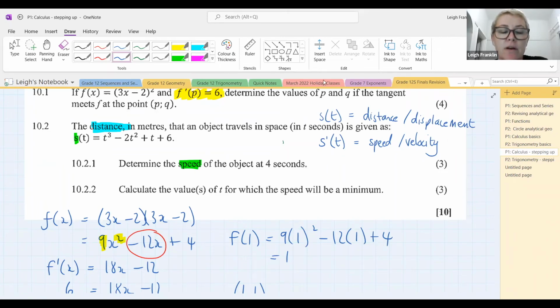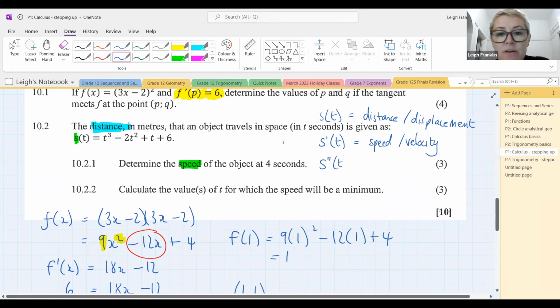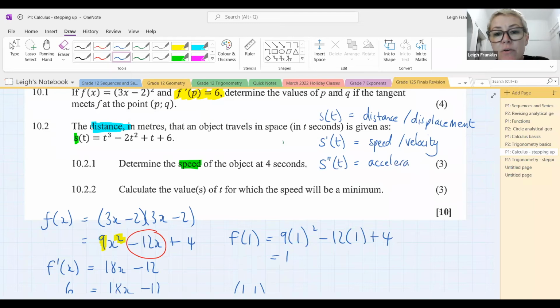There we go. Lovely, Tisha. And then if we talk about the second derivative, then we're talking about acceleration.